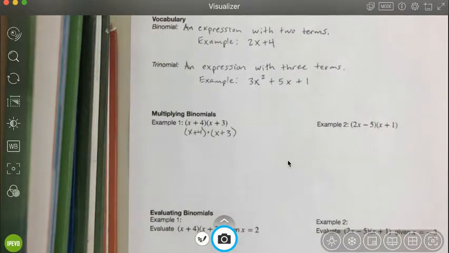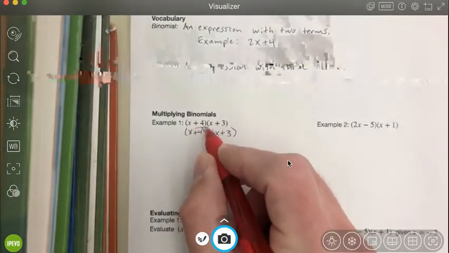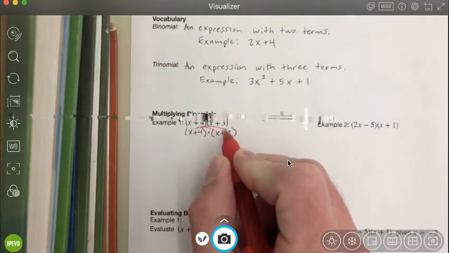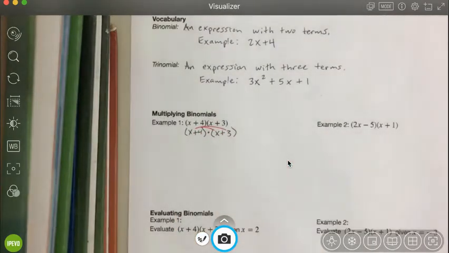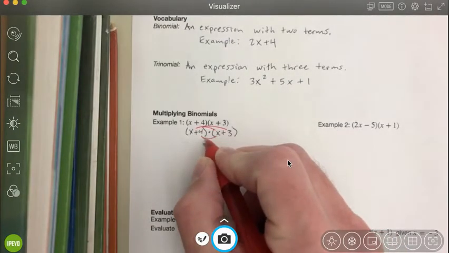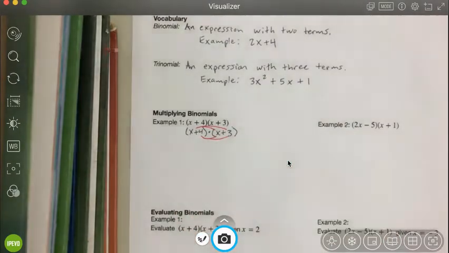With that said, there's two ways you can think about this. When I'm multiplying two binomials, I want to multiply the first term here by the first in the other, and the first term times the second term in the other. And then same thing, second times first, second times second.